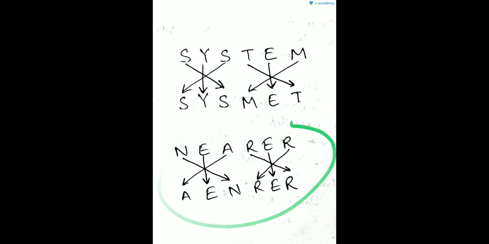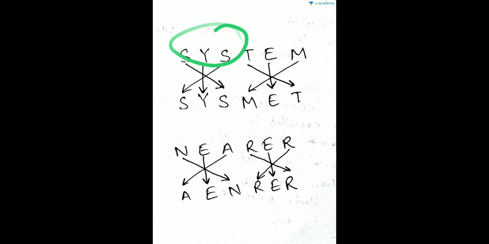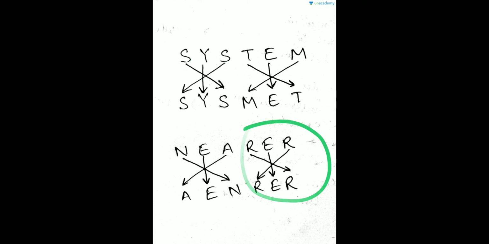Many of you will tend to be confused that here the S and S, they are the same. They are at the same place. Okay, S S, Y Y, S S, and also for R E R, most of you will get confused, like R E R are at their own place, right?